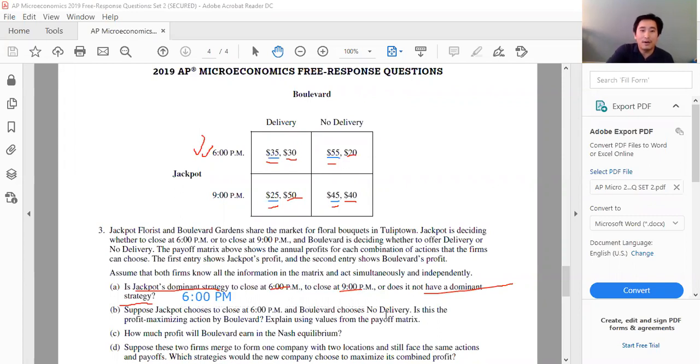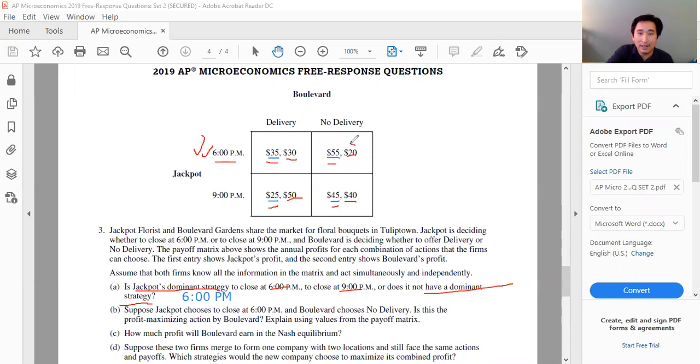Okay. Now, for part B, suppose that Jackpot chooses 6 o'clock and Boulevard chooses no delivery. Well, this one's even easier, I think. Is this the profit maximizing output?